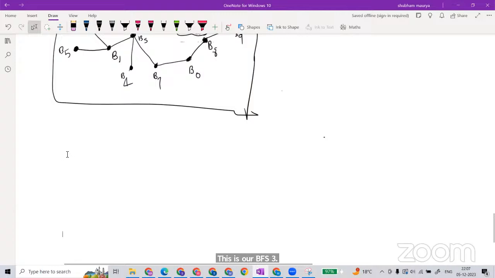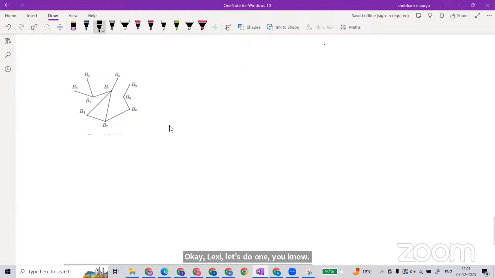Okay, let's do it queue-wise, then it will be more clear. We started from B2, so let's make the queue.